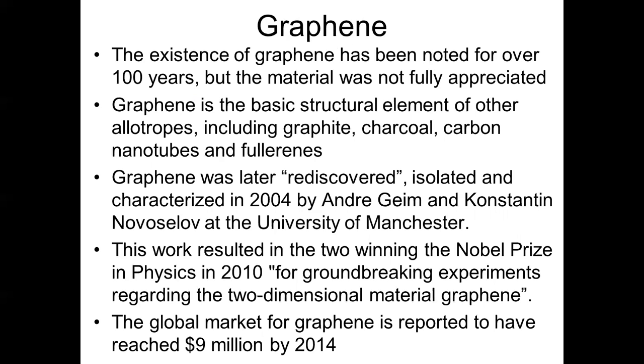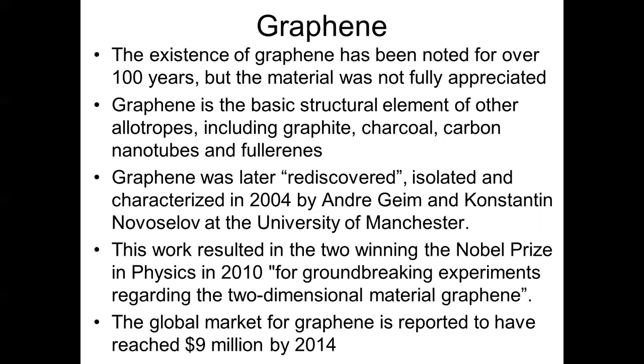Graphene is the basic structural element of other allotropes, including graphite, charcoal, carbon nanotubes, and fullerenes. Graphene was later rediscovered and isolated at the University of Manchester. This work resulted in two winning the Nobel Prize for physics in 2010, for groundbreaking experiments regarding the material.